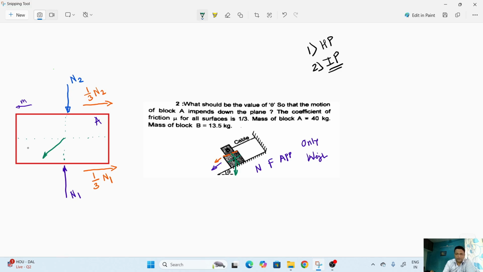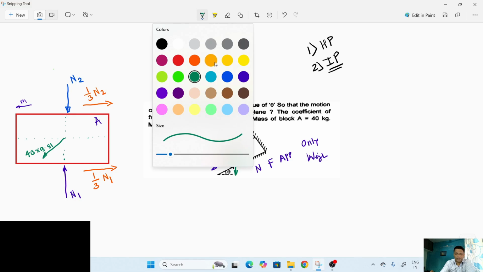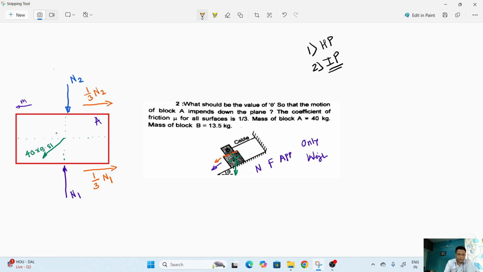Its value is equal to the mass of A, which is given as 40 kg, so 40 into 9.81. Remember, this value is in Newton. Here we'll draw its horizontal and vertical components. The horizontal component will point towards the left and its vertical component will project in the downward direction. So this is 40 into 9.81.